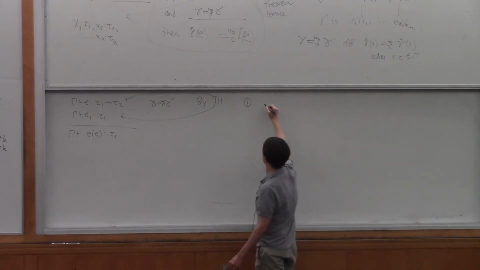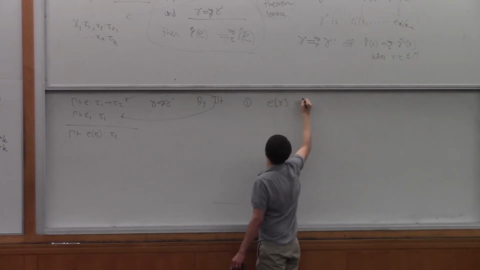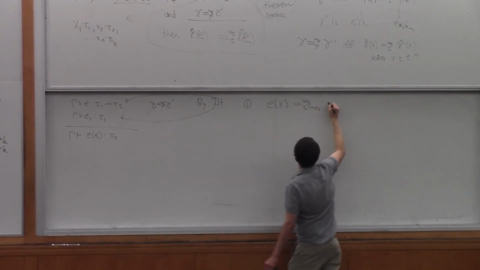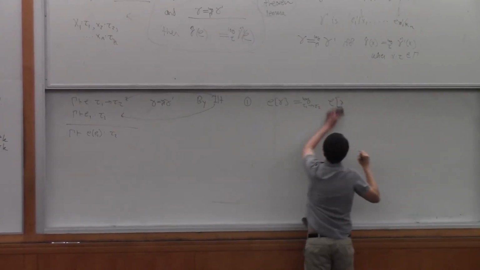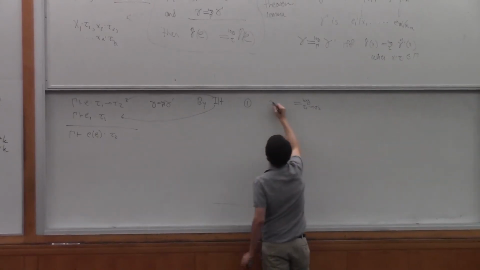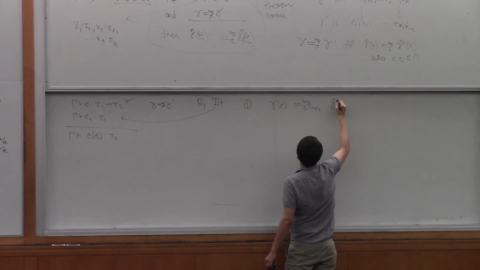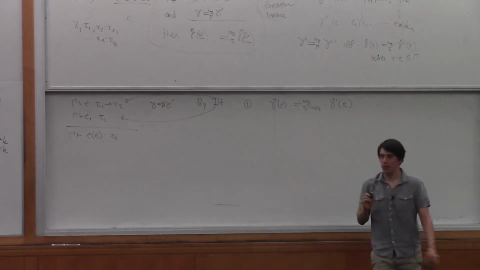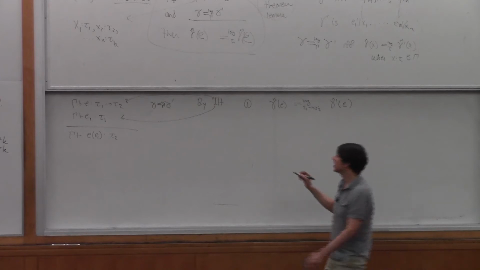And what we get is that gamma of E is logically equivalent to gamma prime of E in tau 1 arrow tau 2. That is, when I plug into E, I get related things.